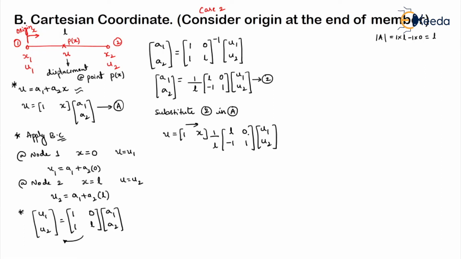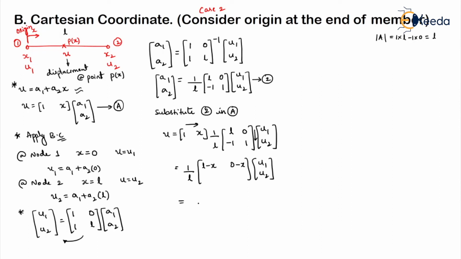Right, now multiply this with this and write it separately. So what will happen? 1 into L is L minus x. This will be 0 plus x into [u1, u2].